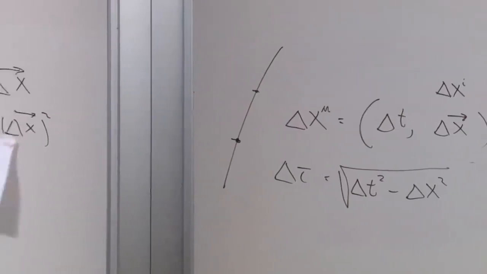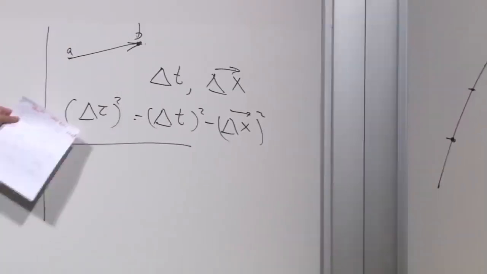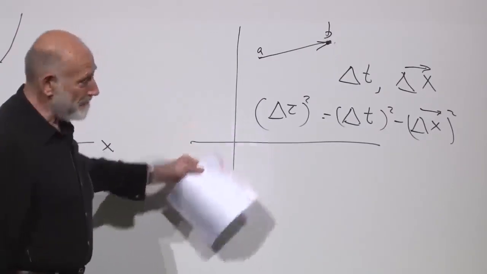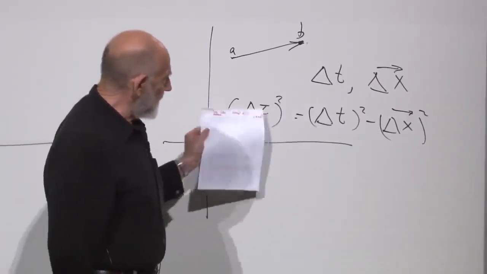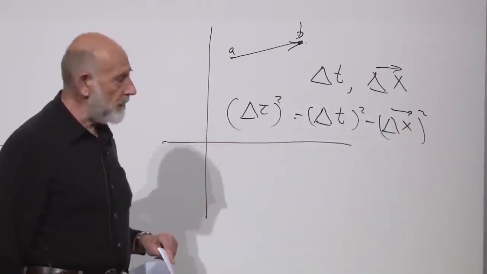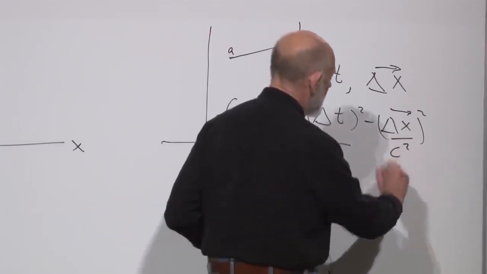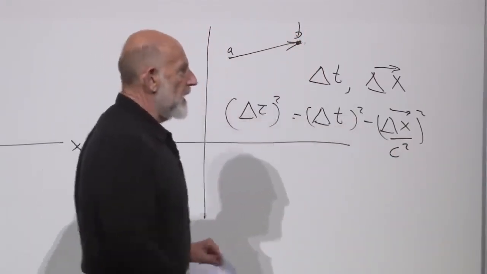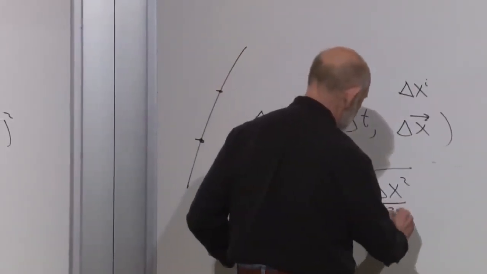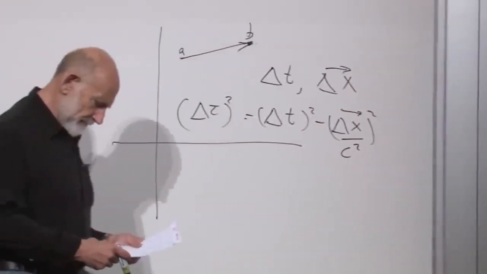T has units of time, x has units of space. Since this is called proper time, let's assume that it has units of time. This one's okay. It has the same unit as the left-hand side, but this one is not okay. It has units of length. This one has units of time. Where do we put the speed of light? Divide by c squared. Right. I'll do it now and then, every so often. Do it once more over here, and then stop doing it because it gets annoying.